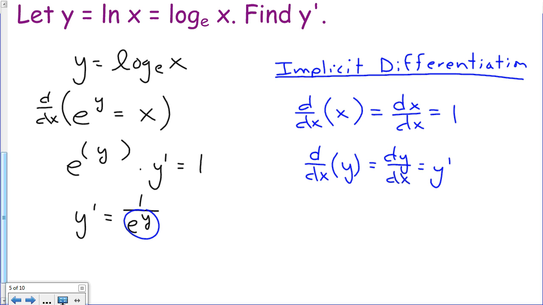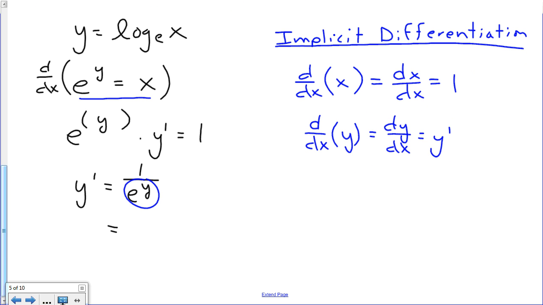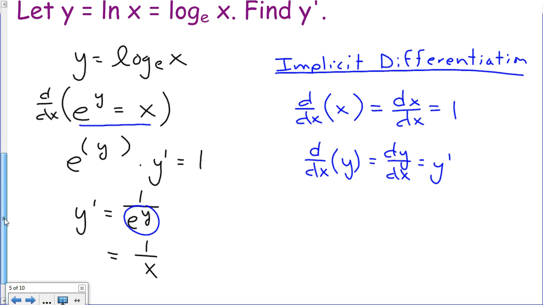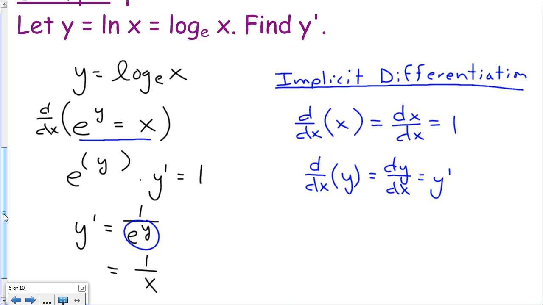I can do that by going back up to this step where we said that, based on the definition of the log, e to the y is just equal to x. So it turns out that this is equal to 1 over x. So the derivative of the natural log function, or log base e of x, turns out is equal to 1 over x. Okay?